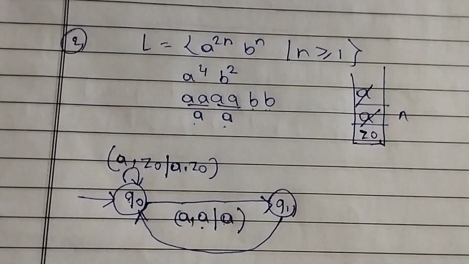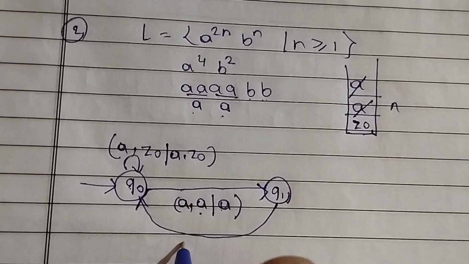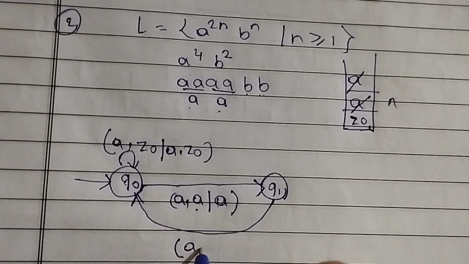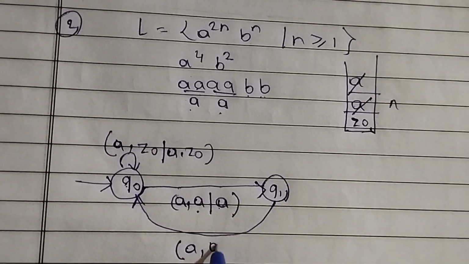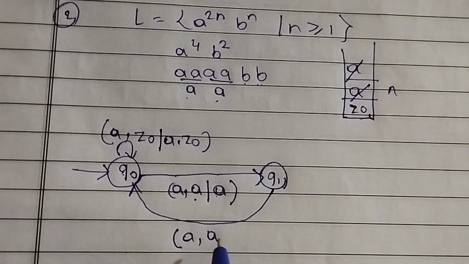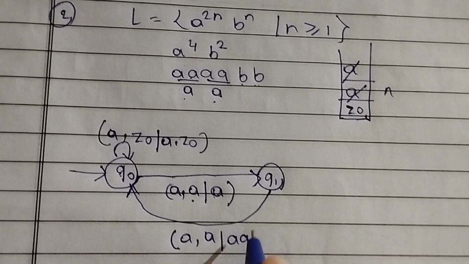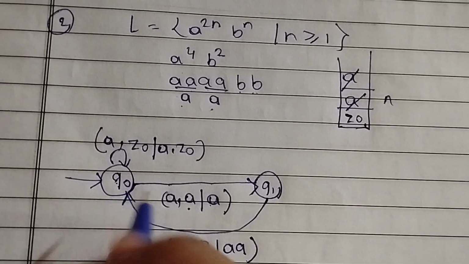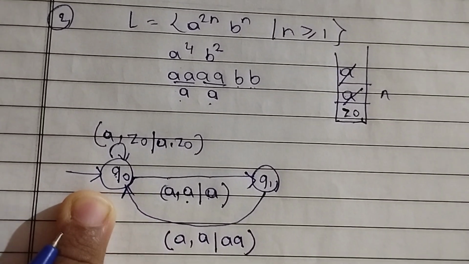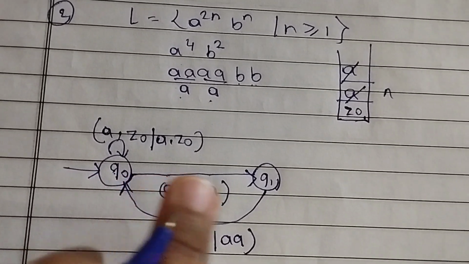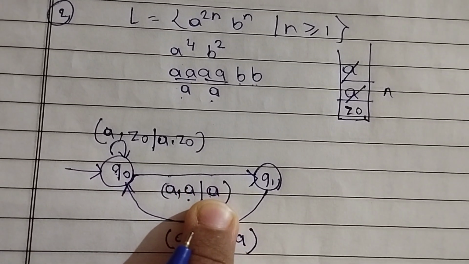So for that we write here a. First a is present initially. Again we read a, that time push the a. The third time push. And here we come to the Q0 state with the third a read. Now again the fourth a, for that keep a as it is.